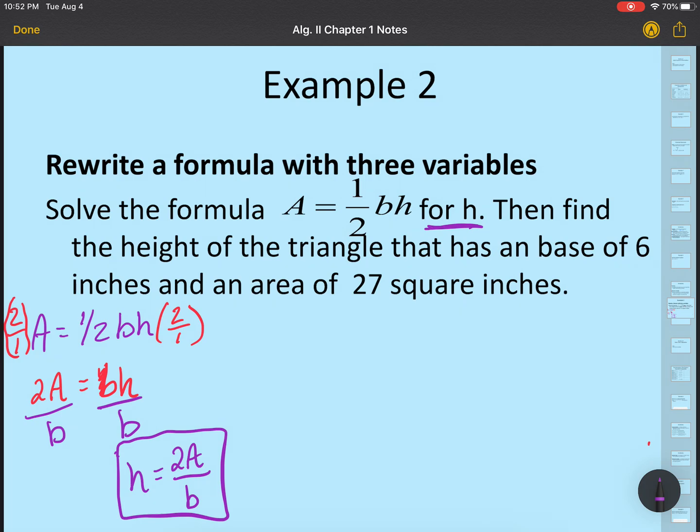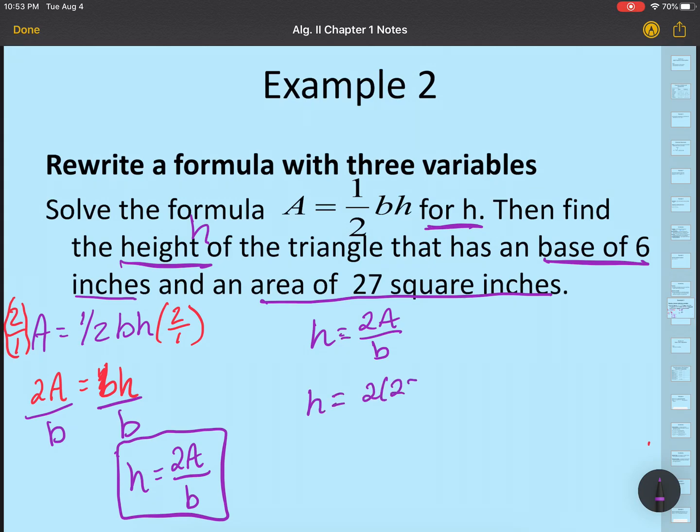So that's our rewritten formula for h. That satisfies the first part. But now we need to find the height of the triangle that has a base of 6 inches and an area of 27 square inches. So I'm going to rewrite my formula again. The area is 27 square inches and the base is 6 inches.